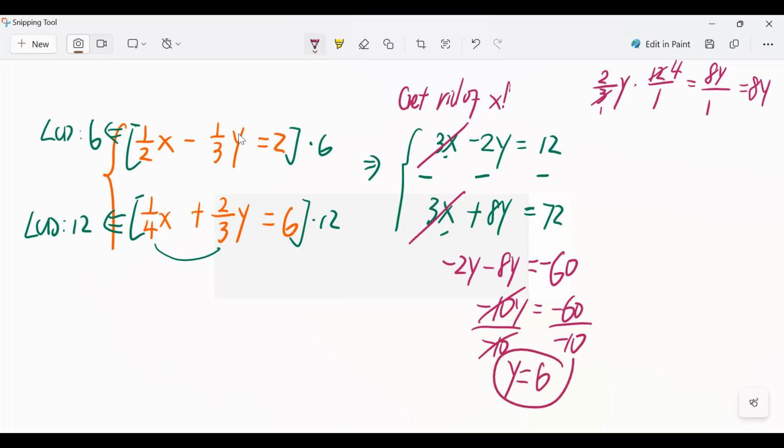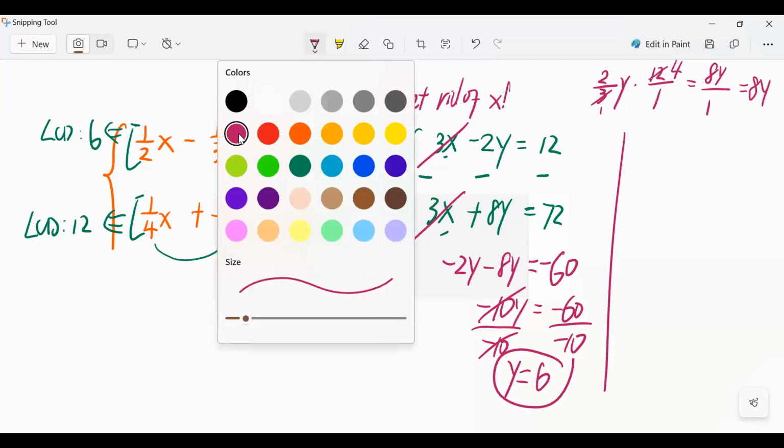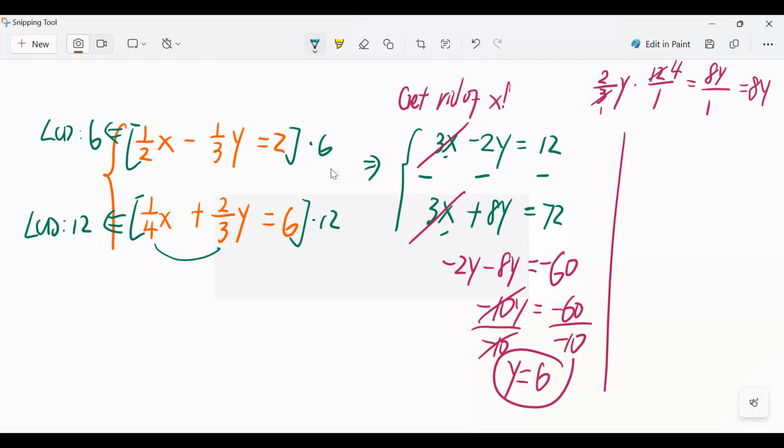Now that we figured out the y value, we can solve for x. Plug y into the first equation. So we get 3x minus 2 times 6 equal to 12.